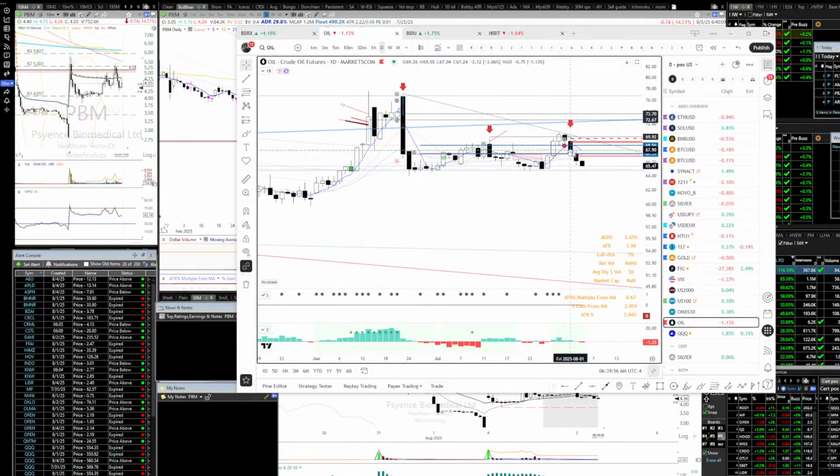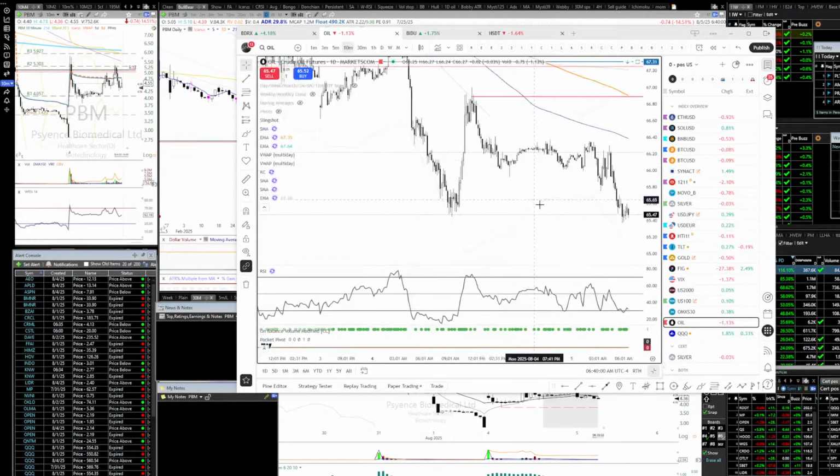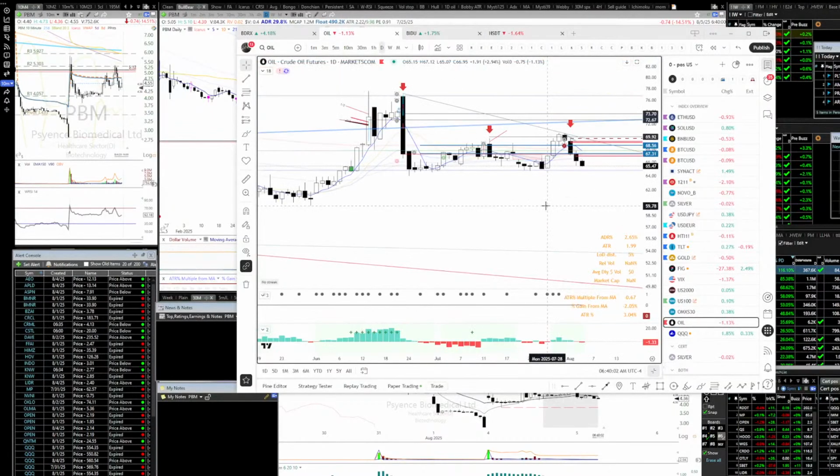I really like that it's going a bit slower towards this level here, this key level, because here it went super fast and then the next test is not going to work. But now we're getting to the third test.